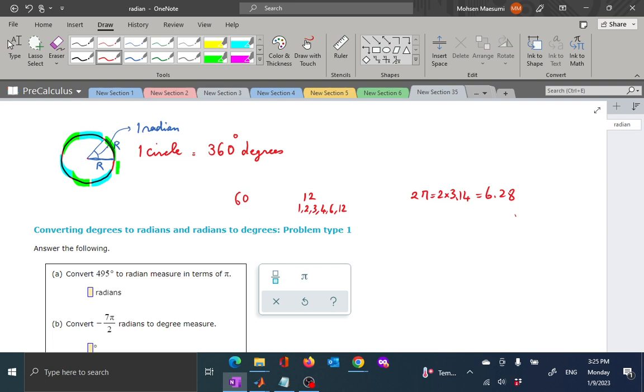So it's 1 r, this is 2 r, this is 3 r, say 4 r, 5 r, 6 r, and this becomes 6.28 r. What is that really? It is 2 pi r. So a circle is 2 pi radians.